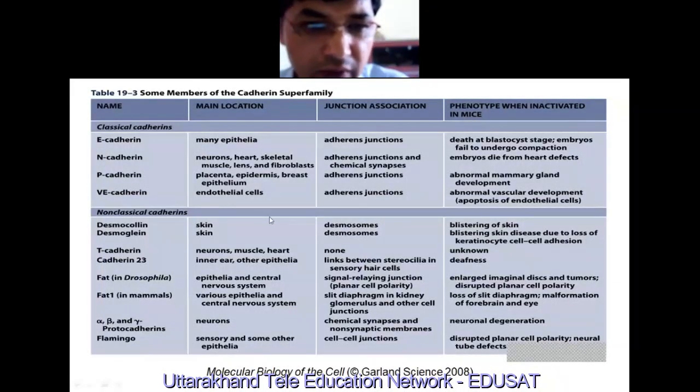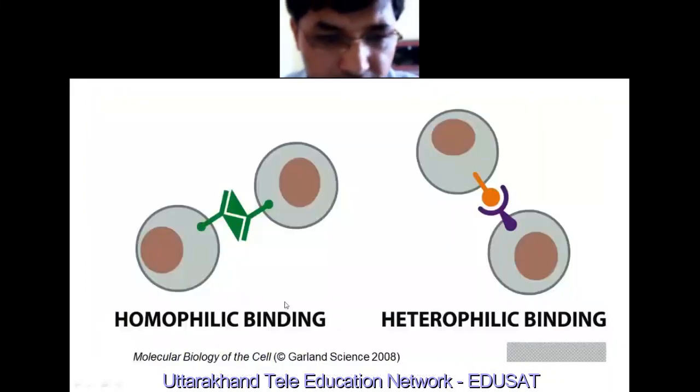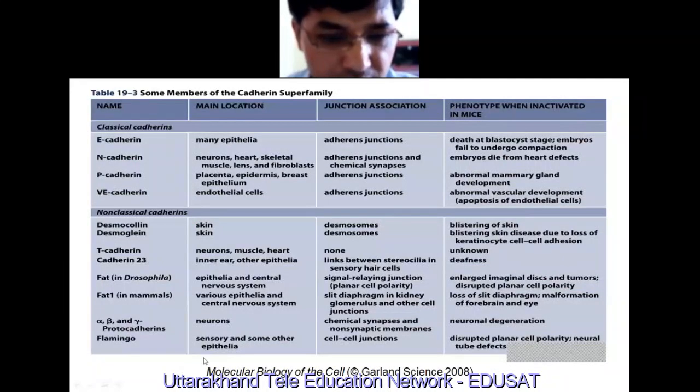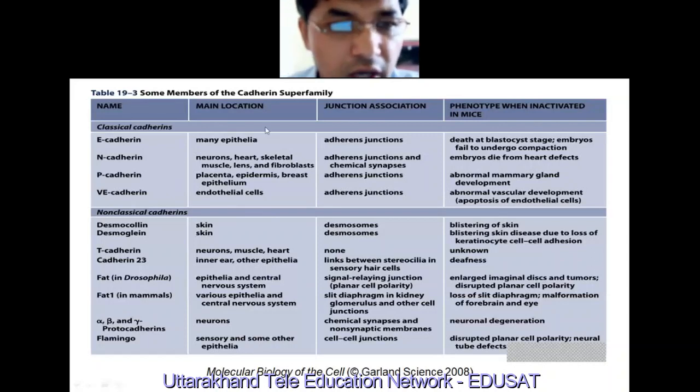Now I will just tell you about this slide, and after that we will conclude today's lecture, as the next lecture is ready. Students, this is the E cadherin. It is found in many epithelial cells.